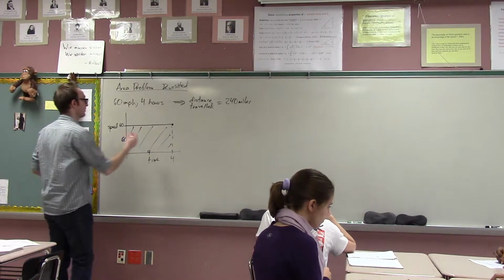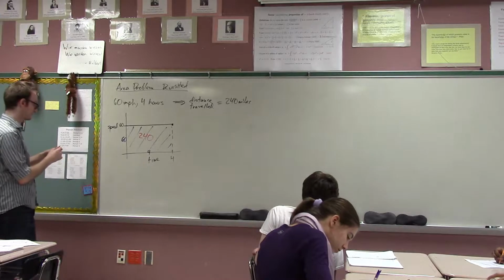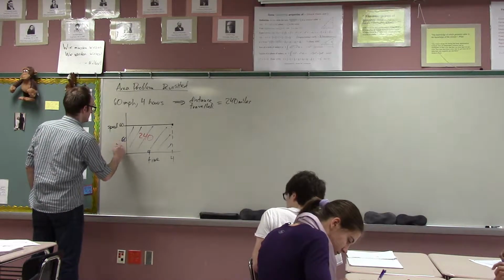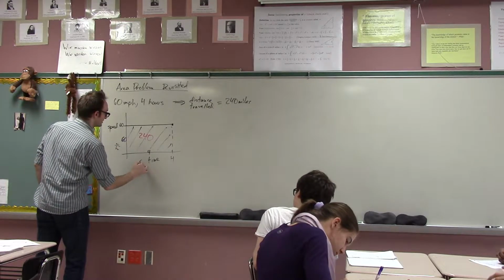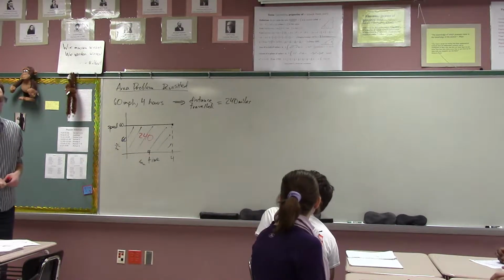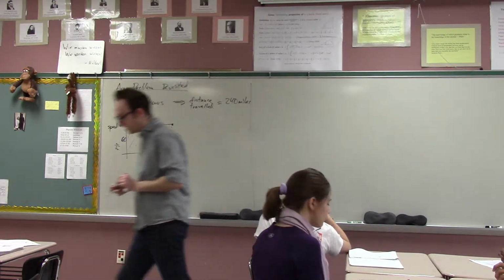And indeed, what we get is 240. Even the units work out: this is miles per hour, and this is hours, and when you multiply them, you get miles. That's beautiful, yet maybe a little bit boring.